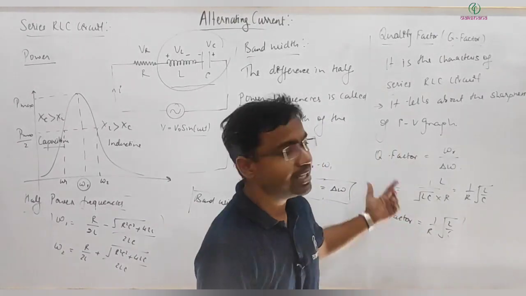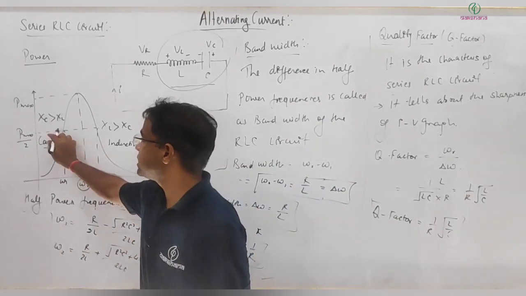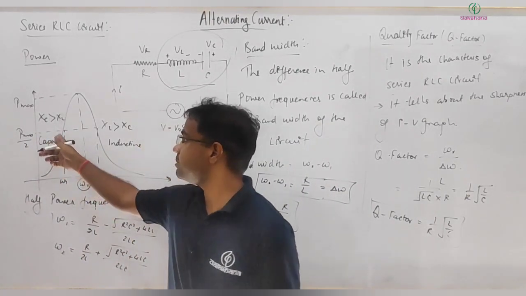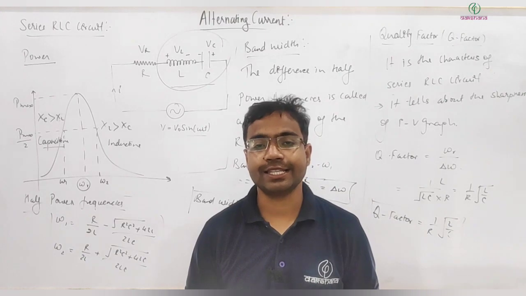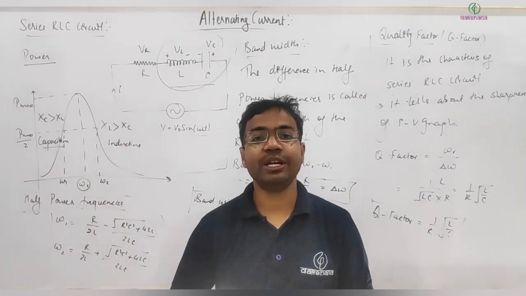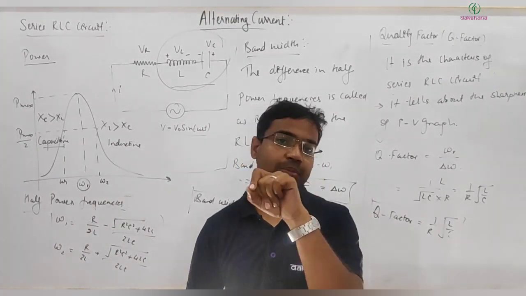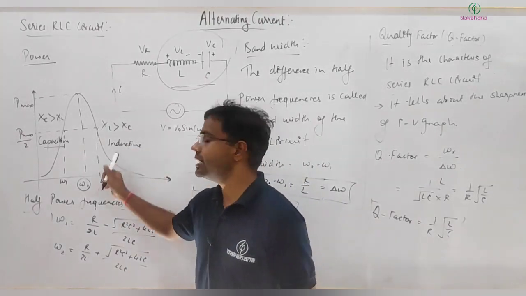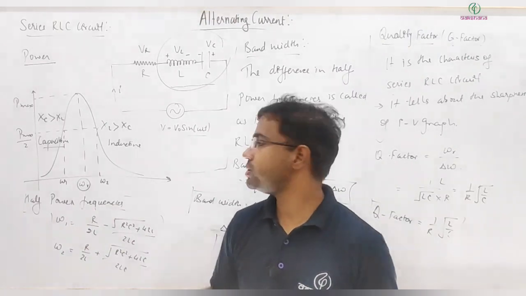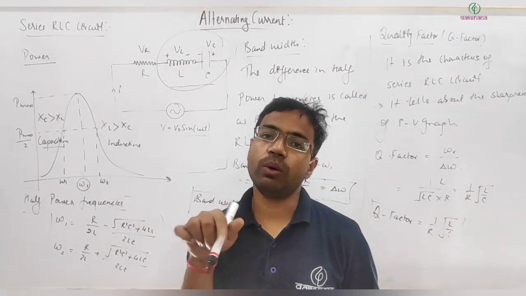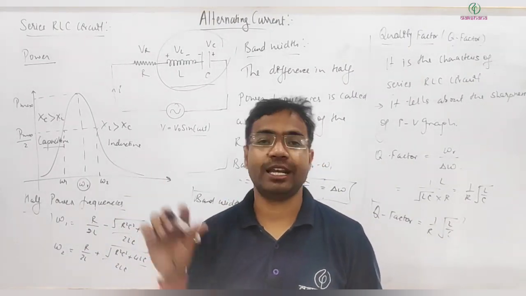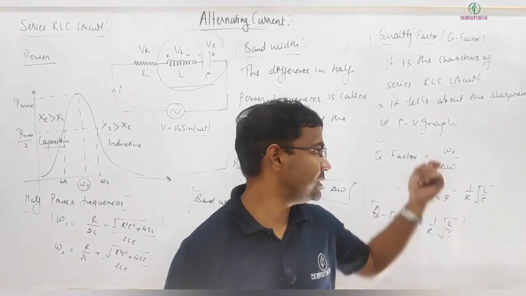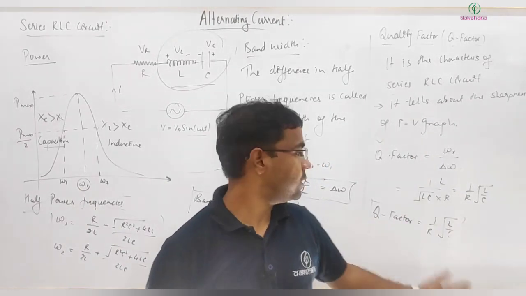Another point to keep in mind is that when XC is higher than XL, you need to write the impedance as under root R square plus (XC minus XL) whole square. For the overall inductive circuit, you should write Z equal to under root R square plus (XL minus XC) whole square. Just take care of that, otherwise you will also make a mistake like me.